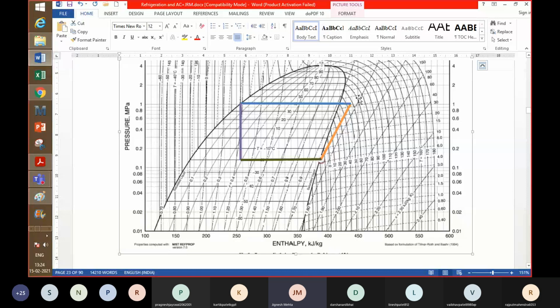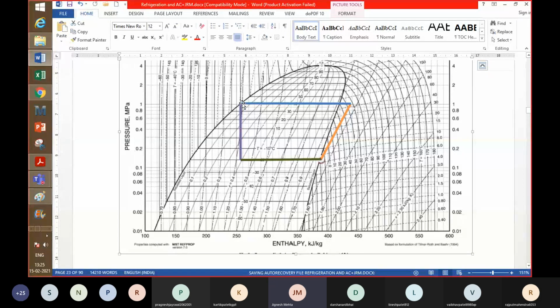Then this process is horizontal, constant pressure. So pressure drops are actually also there, but in practicals again we don't have any means to measure that pressure drop. We are assuming that the evaporator and condenser pressure remain constant, right? Then what you also might have found is that at condenser pressure, whatever the saturation temperature is, the liquid refrigerant is coming out at a lower temperature than that, right?